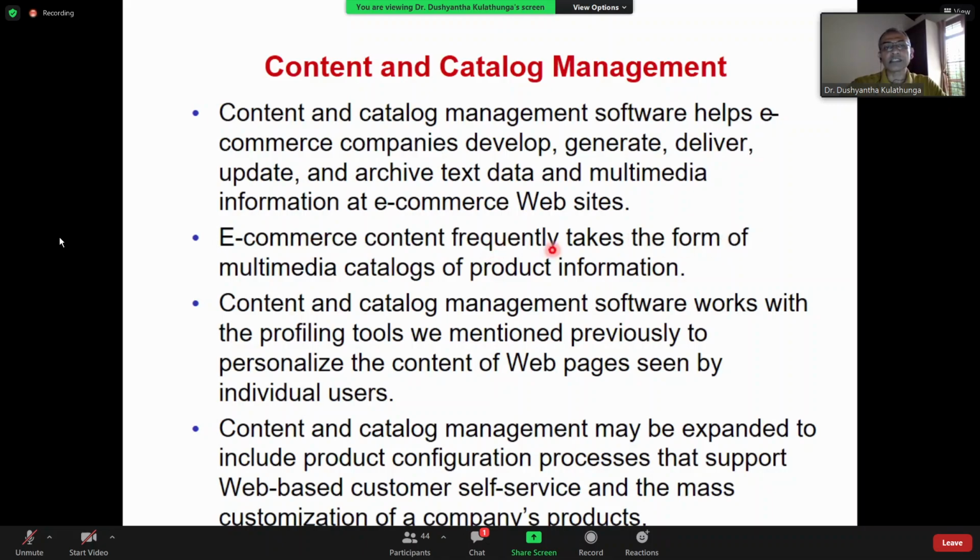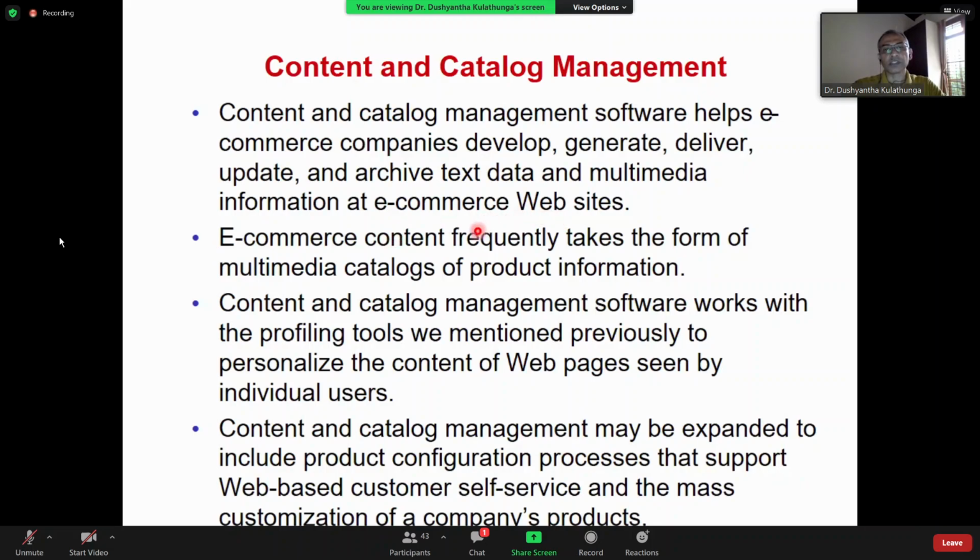E-commerce content frequently takes the form of multimedia catalogs of product information. Now, when it comes to a selling organization, developing this multimedia content or catalogs containing product information will be very, very wide, because before purchasing, we will go through the product information.